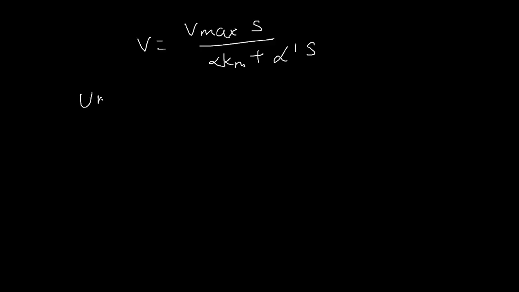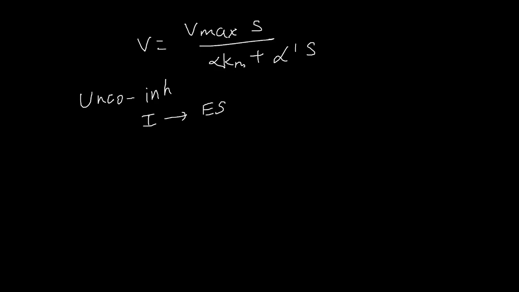Now coming to the uncompetitive inhibitor, again we will write the same equation, which is V is equal to Vmax S divided by Km, this one. Here in the presence of uncompetitive inhibitor, the inhibitor is only binding to the ES complex.